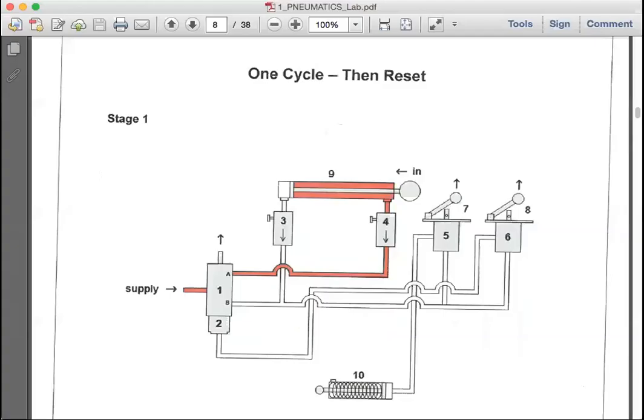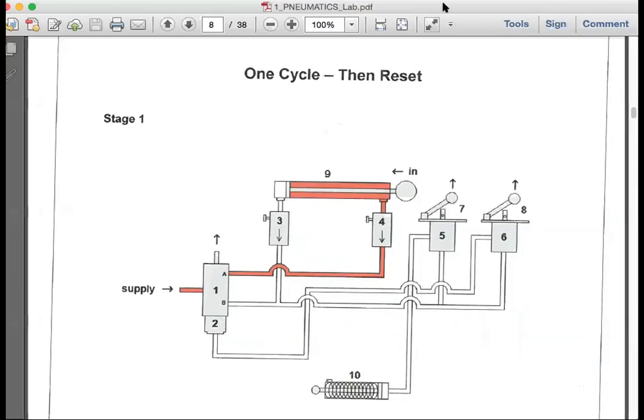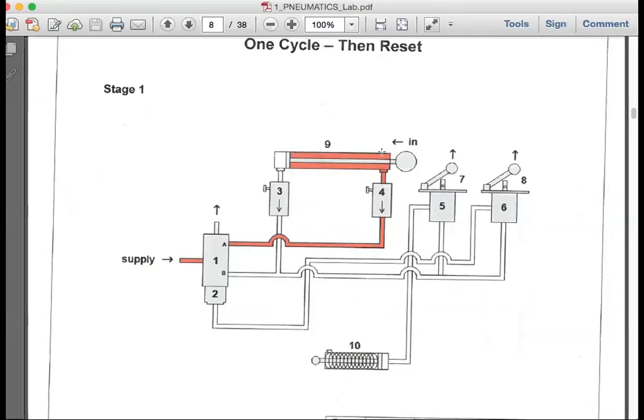Here you go. 1 cycle then reset. Initial stage. Pistons inside, the stem is up, pressure from supply goes through the tap, keeps the piston in. Nothing happens until you activate the stem of number 1.